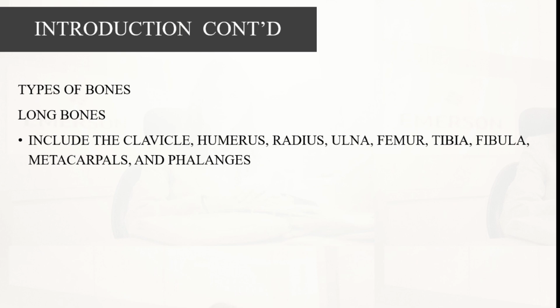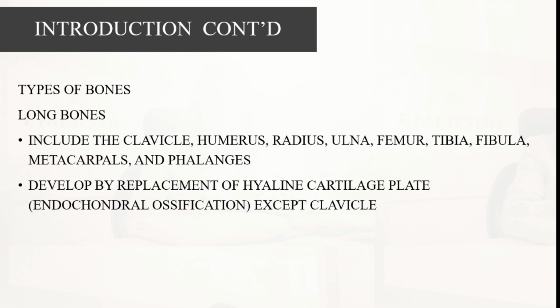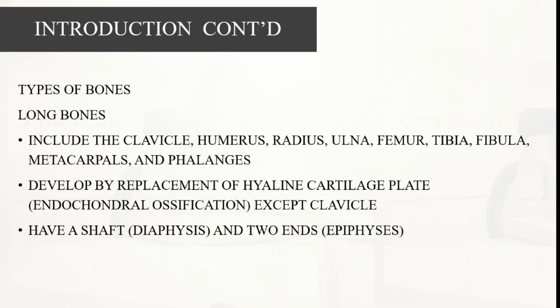Starting with long bones, it includes the clavicle, humerus, radius, ulna, femur, tibia, fibula, metacarpals, and the phalanges. It develops by the replacement of hyaline cartilage plate, which is known as endochondral ossification, except for the clavicle, which does not develop by this process.